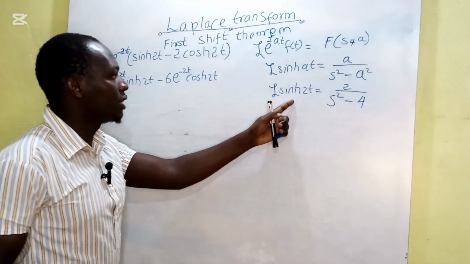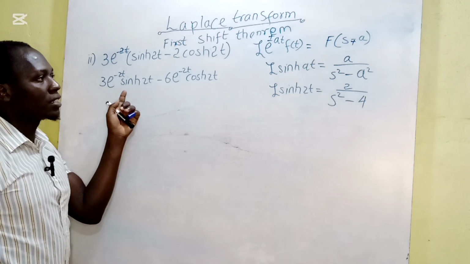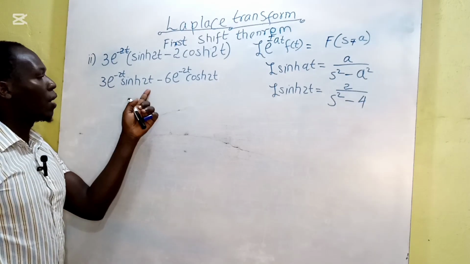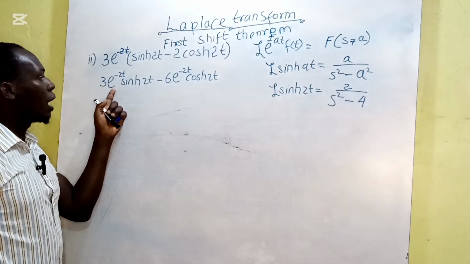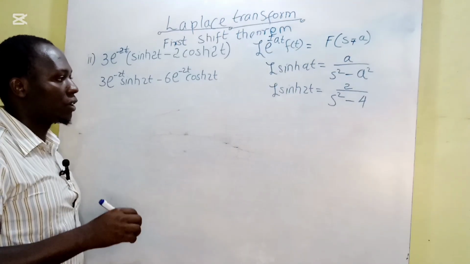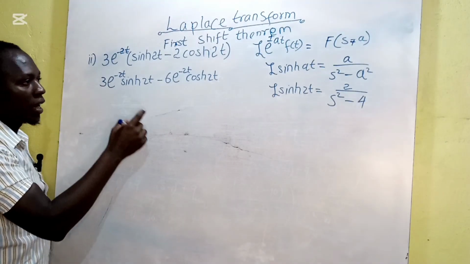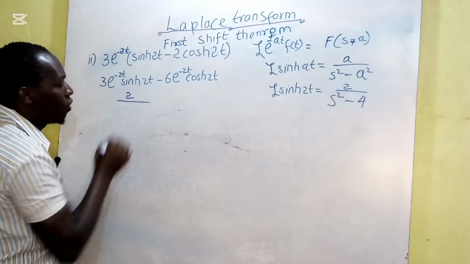But we've agreed that when it comes to the first shift theorem, we must first get the Laplace transform of our function here, and then to the term of s we do our shifting, because that is what the first shift theorem requires us to do.